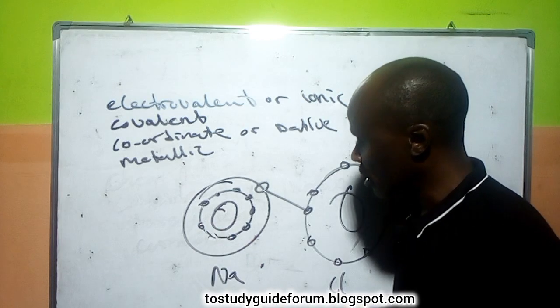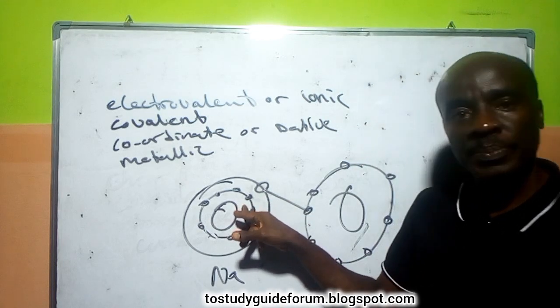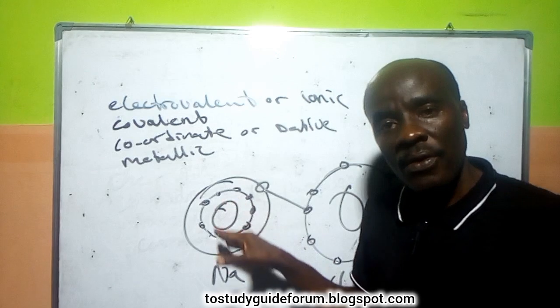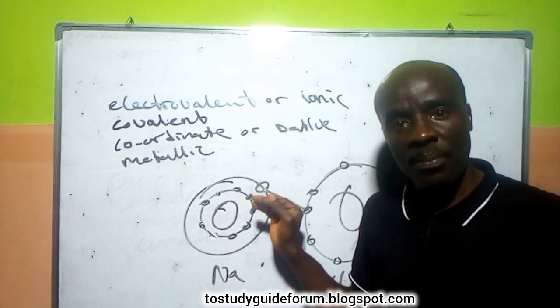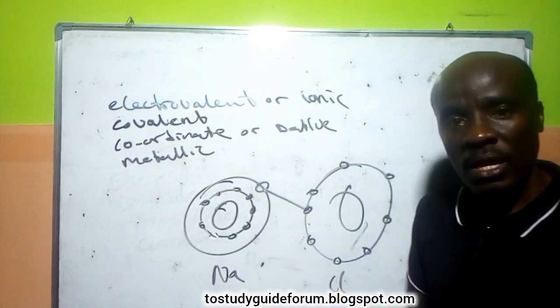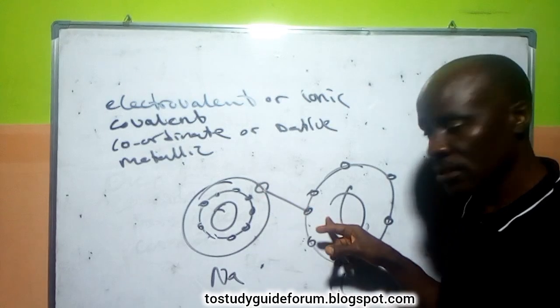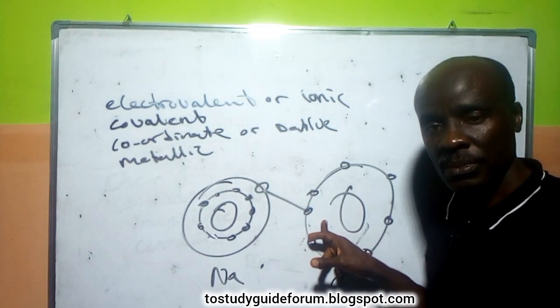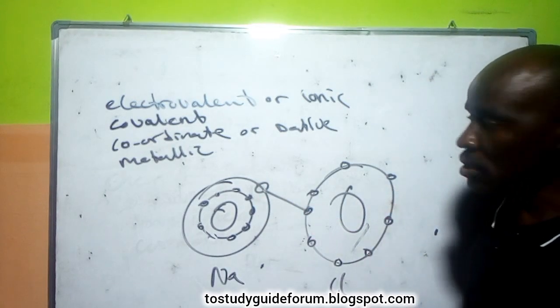Now, when this electron is gone, it also has a complete outermost shell, because it is attached to chlorine. So this is what we have here.